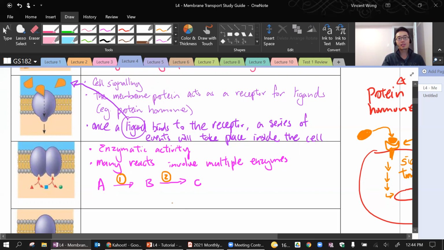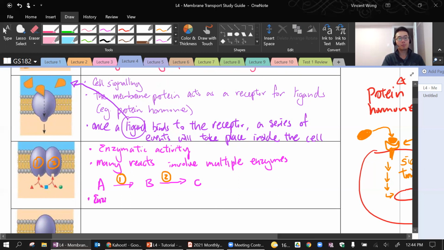So it makes sense to put enzymes number 1 and number 2 right next to each other so that the reaction can happen faster. If number 2 is not right next to number 1, then the substrate will have to find the enzyme before it gets converted to C. Sometimes you need the reaction to happen very rapidly near the surface of the cell. That's why the enzymes are arranged very close to each other.